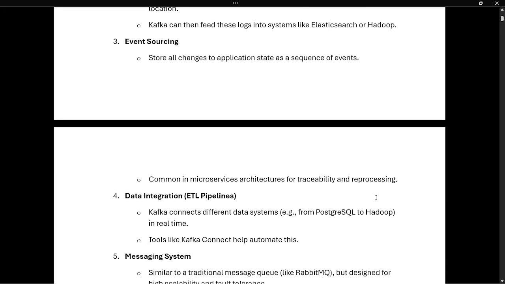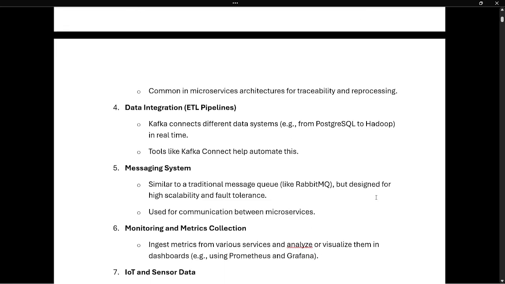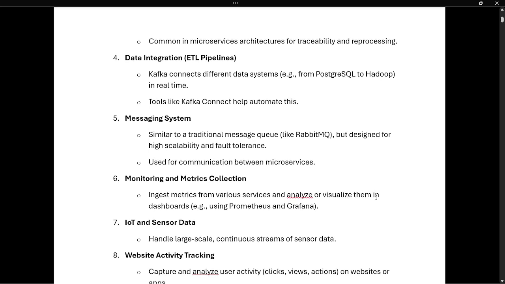Then we have data integration like ETL pipelines, where Kafka connects different data systems in real time, or messaging systems or monitoring systems like live data monitoring or IoT sensor data, like based on the temperature we are setting machines up or down. Or website activity tracking, like which user is visiting which particular page or what actions are getting triggered on the particular page.